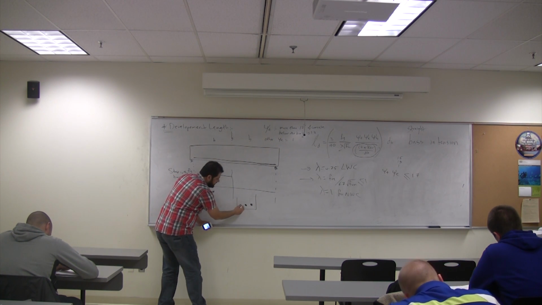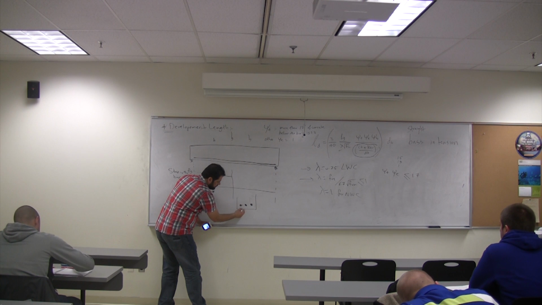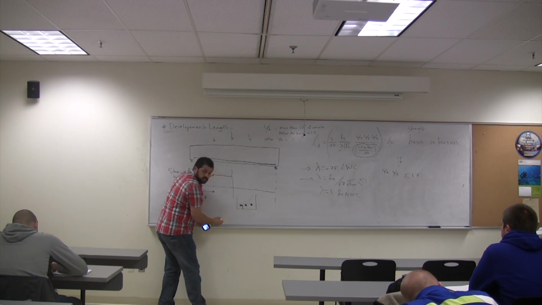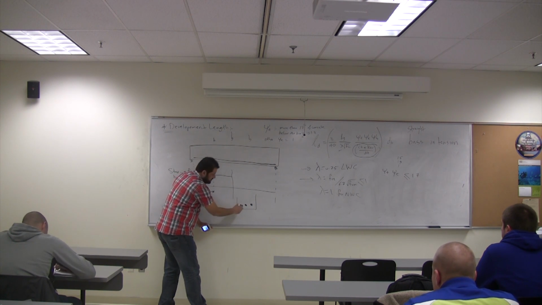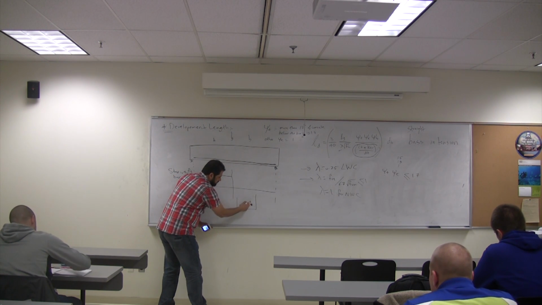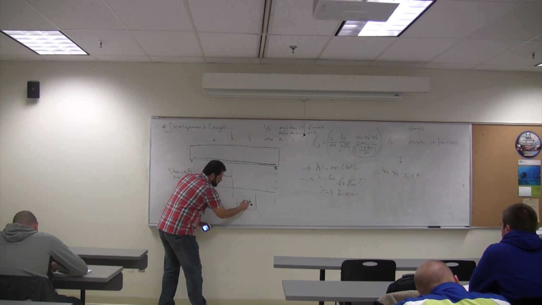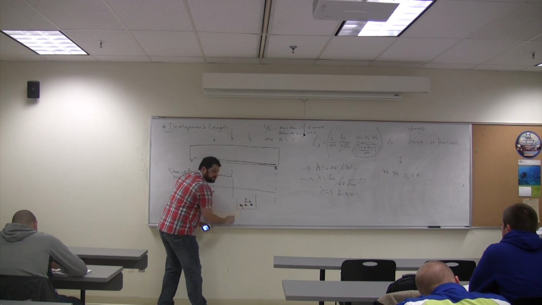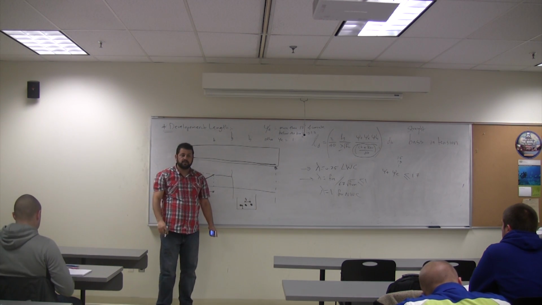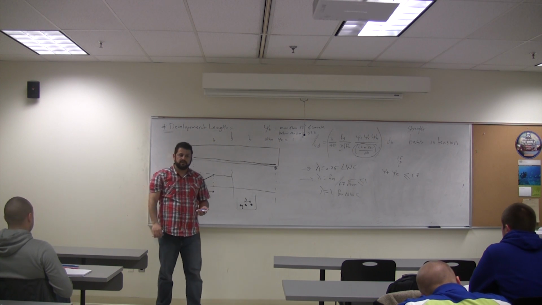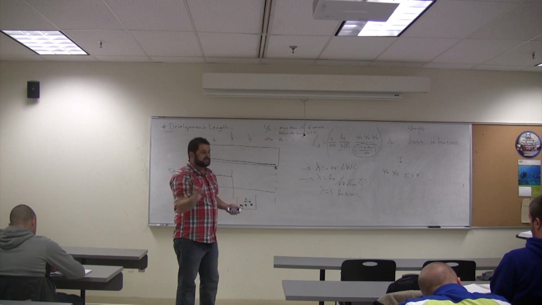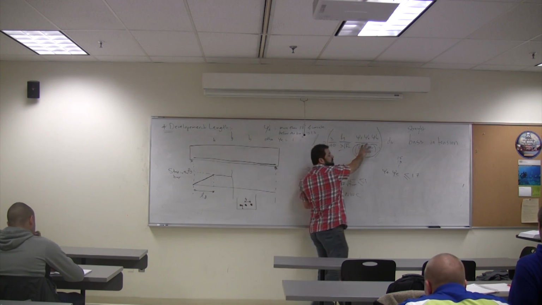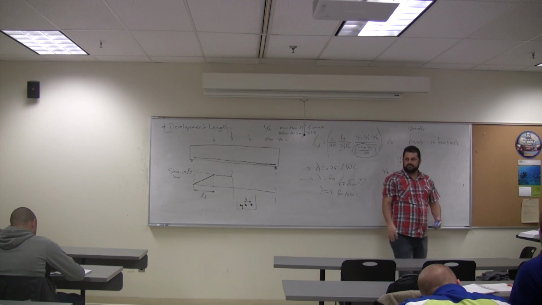CB is either this, the smaller or the lesser of the two, either this or half of this. That's CB. Good? Now, in no case should this magnitude here be greater than 2.5.